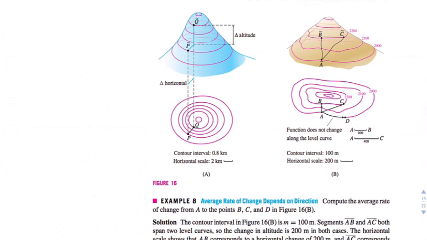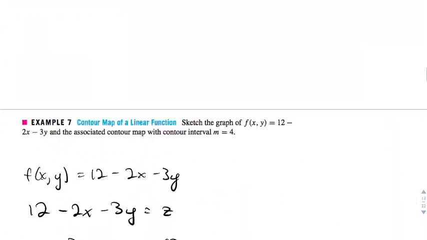So 16A. We have two points, the altitude, P tilde and Q tilde. It looks like we have two points P and Q on the contour map, and the alternate points in 3-space are P tilde and Q tilde. The change in altitude is how our z's are changing, going from one z level to another z level. All right, so let's go back.